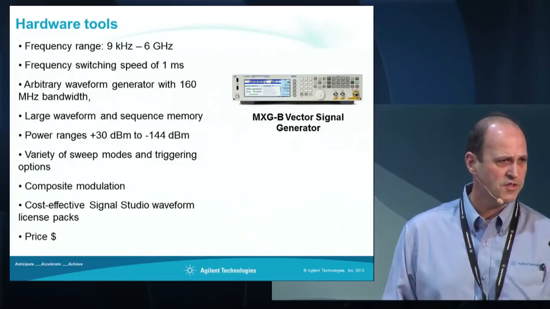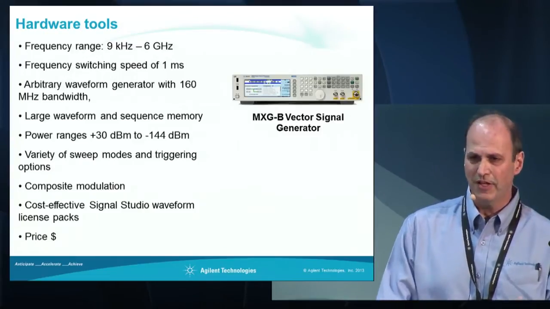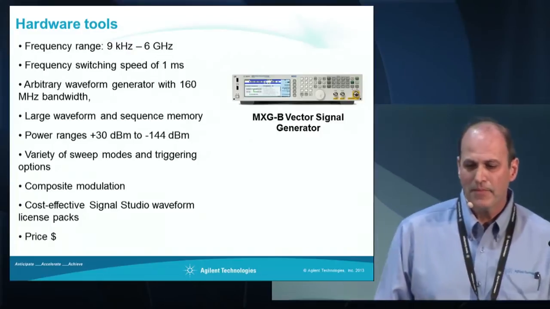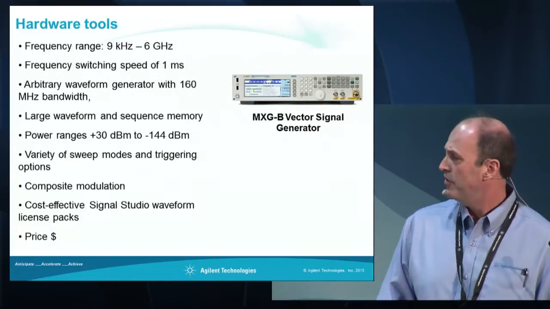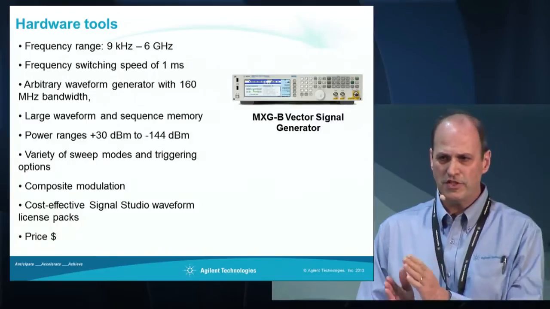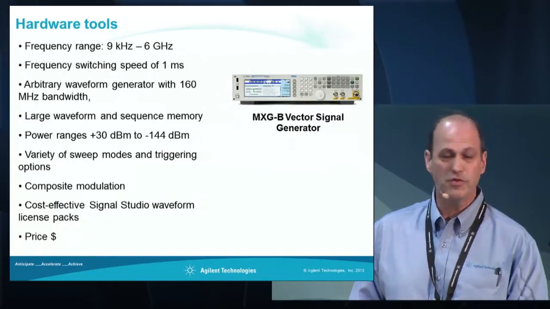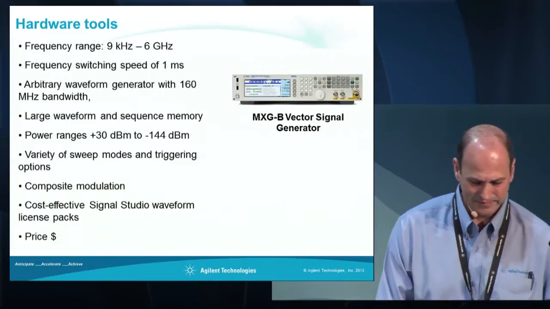Wide power range to go from very high power levels to very low, so we can simulate maybe a detonation signal that's very far away. Again, various sweep modes and list modes, so you can set up a list of frequencies where you can very quickly hop from one frequency to another in order to simulate multiple signals.